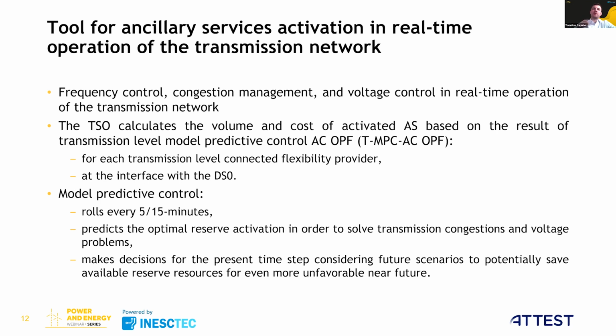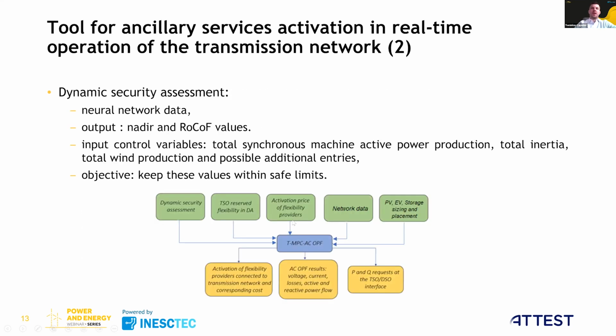Since we roll this model predictive control every 5 to 15 minutes, depending on the scenario that we defined later on in the project, we define which flexibility providers are activated in time step T, but you also predict the optimal future activation of the reserve allocation in the sequential time steps at the transmission level.